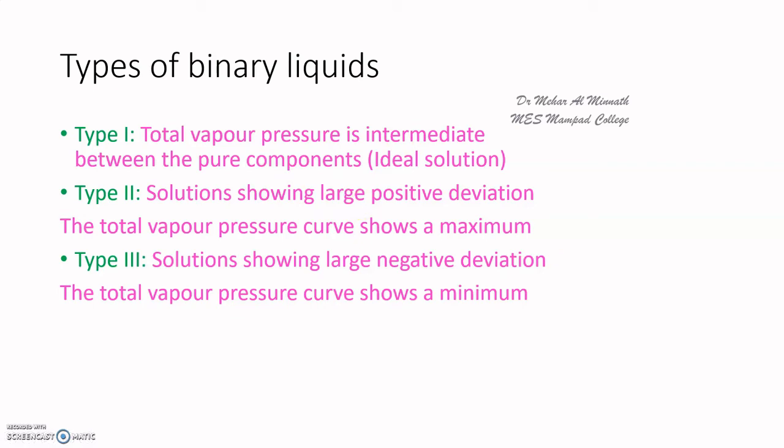In type 2, there will be a maxima in the vapor pressure curve, because the vapor pressure of the solution will be greater than what is expected as per Raoult's law. And for negative deviation, the total vapor pressure curve will show a minima, because it will be lesser than what is expected.